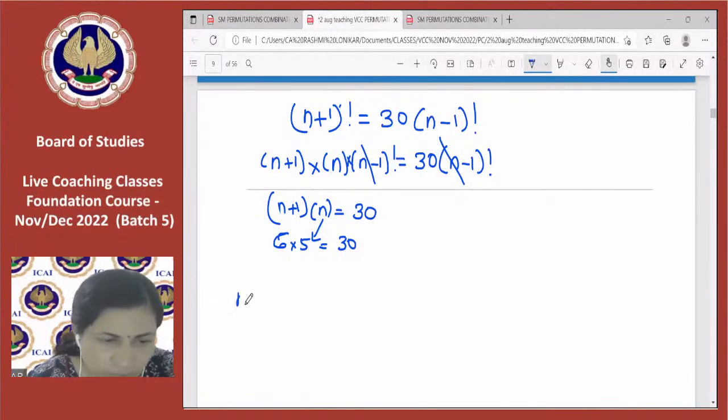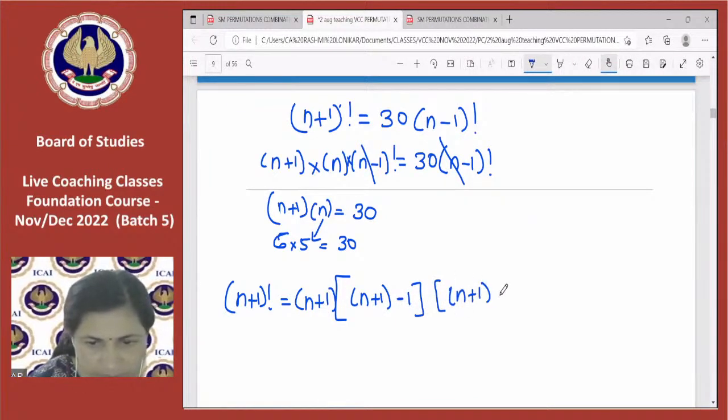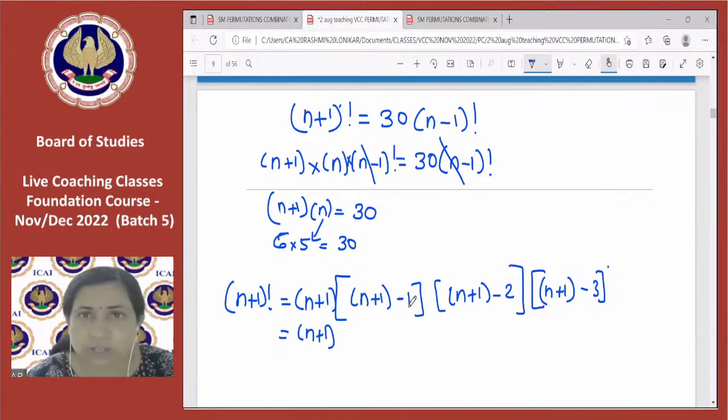This n plus 1 factorial is written as n plus 1, okay, into, for those of you who still have confusion, I will write n plus 1 minus 1 into n plus 1 minus 2 into n plus 1 minus 3, like this. So this is n plus 1. Now plus 1 minus 1 will become 0.